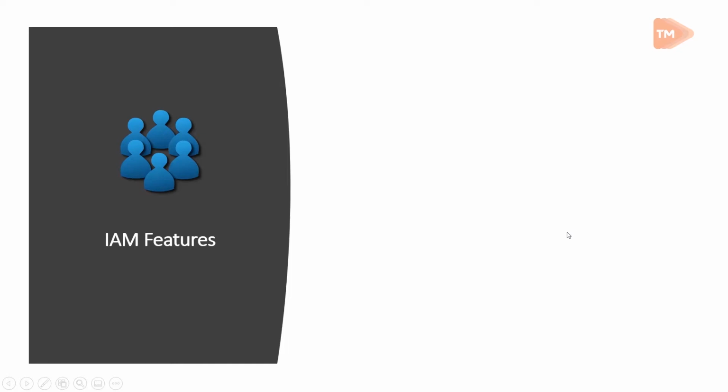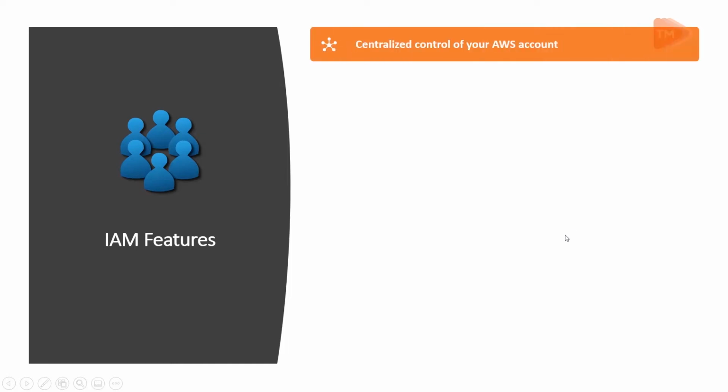Under the IAM features, there are different features. Let's start with the centralized control of your AWS account. So what does this mean? Centralized control of the AWS account means that you can change everything, all the roles, all the users, all the groups, everything which you require for identity and access management is there under this service.